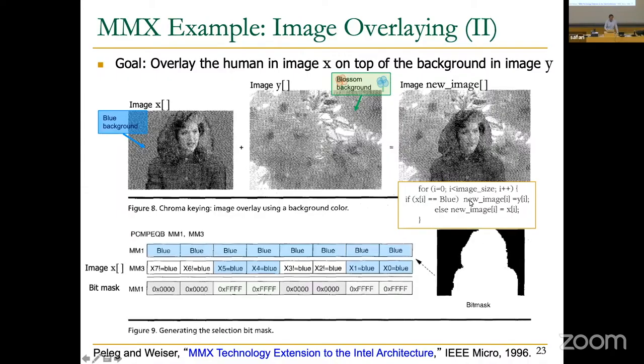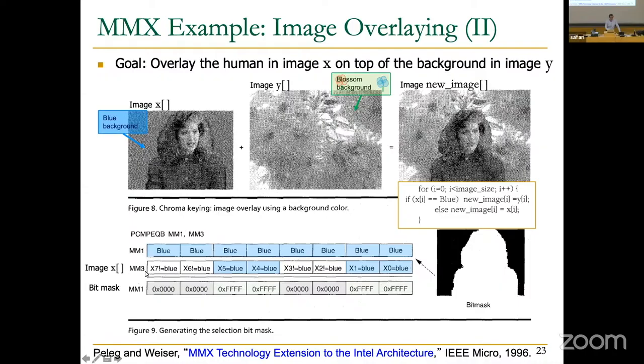But with MMX, multimedia extensions, you can operate on 8 pixels at a time, essentially, assuming each pixel is 8 bits. And you can see this nice instruction that we saw earlier, packed, compare, equal, byte. Basically, you load 8 pixels of this image in MM1. That's the register name. Assume that all of them are blue over here. Nice.